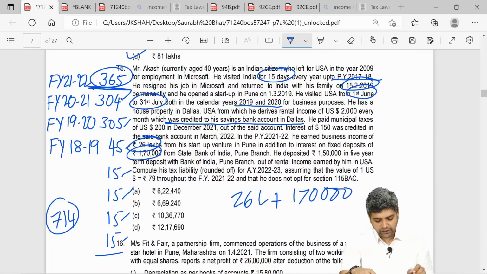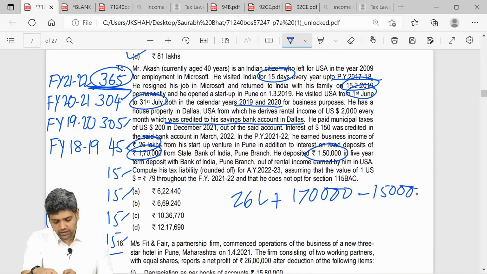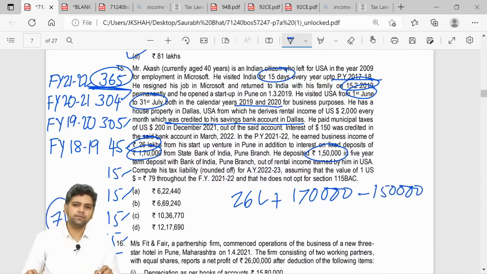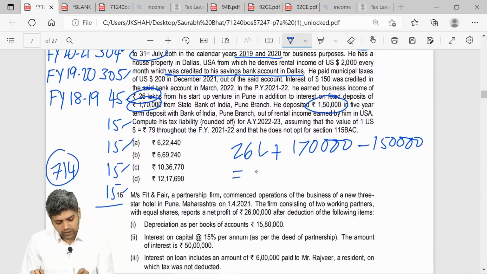Out of that, he will get a deduction of 1,50,000 rupees under section 80C. It does not matter that such contribution is made out of foreign income, it does not matter. So my total income in India is 26 lakhs plus 1,70,000 minus 1,50,000, so that is 26 lakhs 20,000.